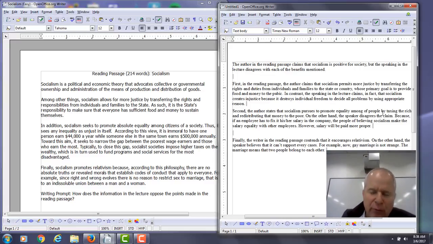So you make a general assertion about a point in the reading passage. Then you give an appropriate example to support that. And just one is good. Then you move on to the next point.